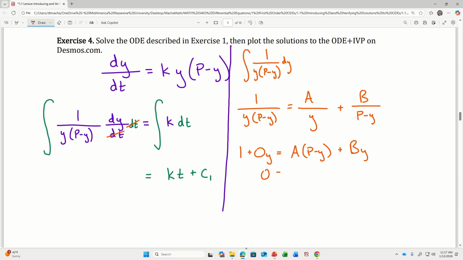So that 0 is equal to negative a plus b when I equate the y's. Negative ay plus by equals 0y. And then for the constants, I get 1 equals a times p. So that tells me a must be 1 divided by p. And b must be what?